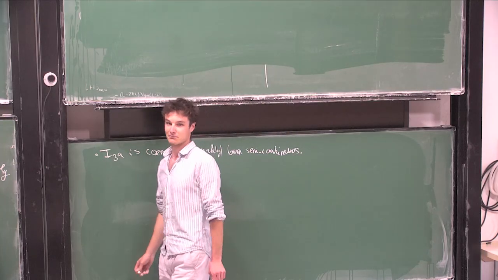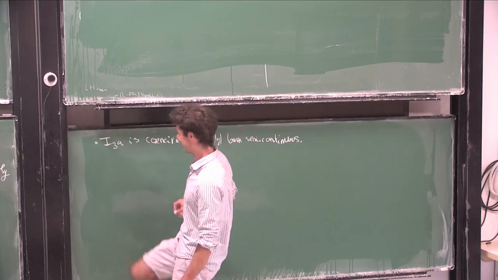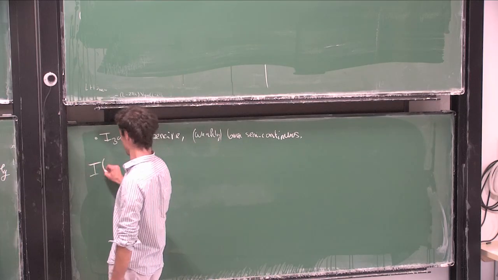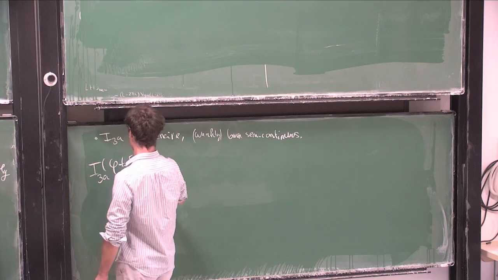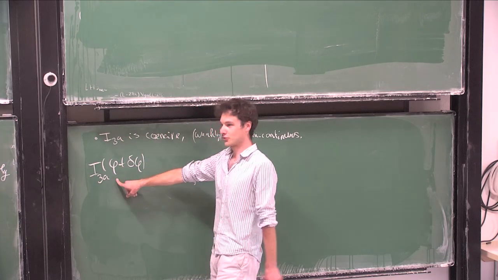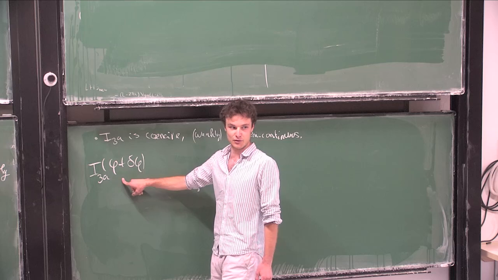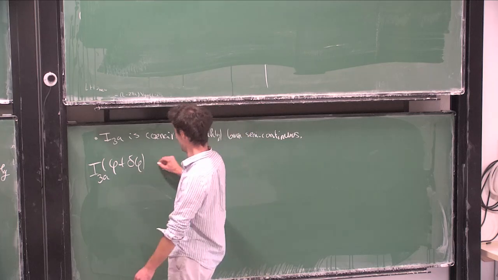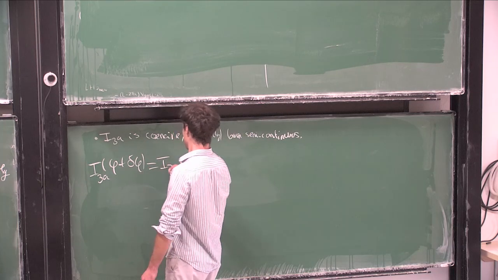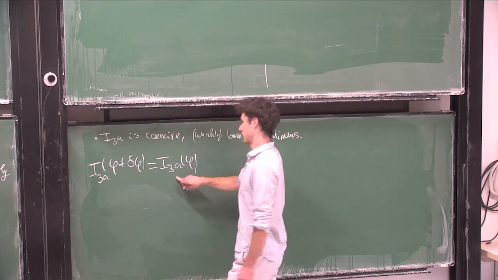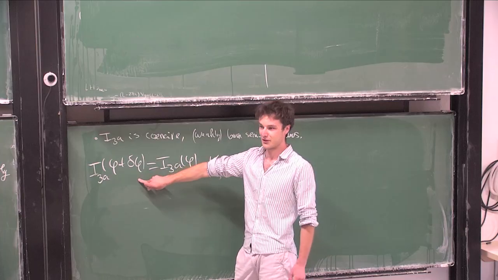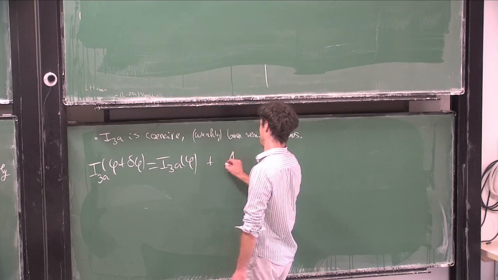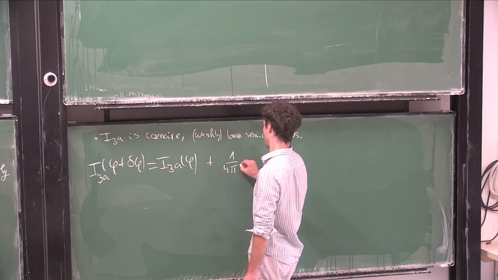Now, what do we do? We do a formal expansion. If I perturb phi by a delta phi, a small variation, what do I get? At constant order I have I of phi. If I look at the first order term in delta phi, what do I get? 1 over 4 pi, or 2 pi, I don't know.